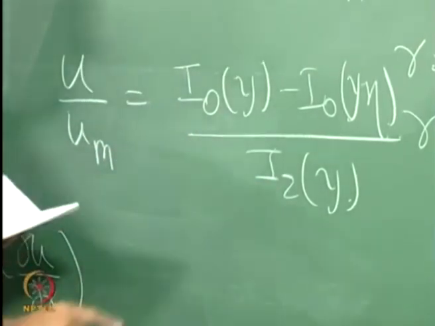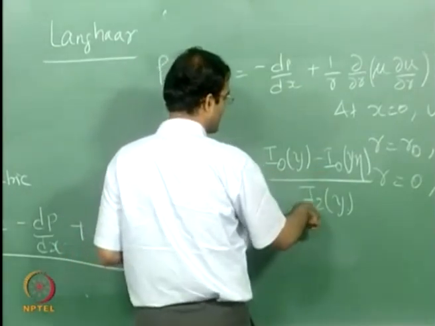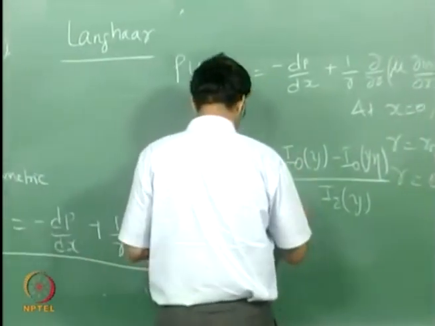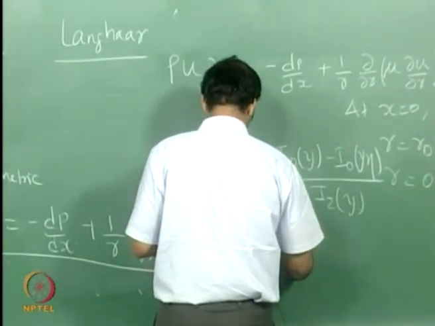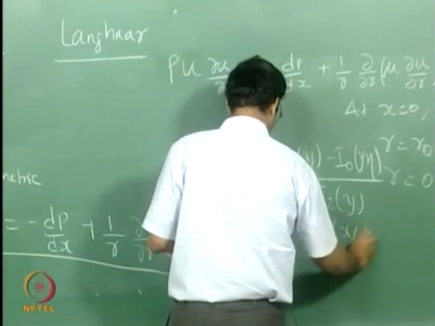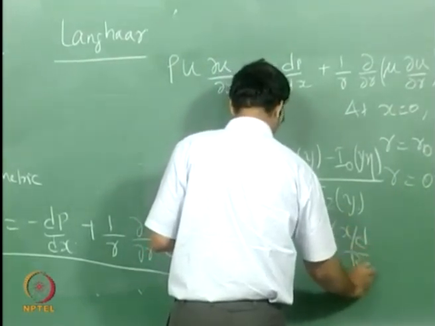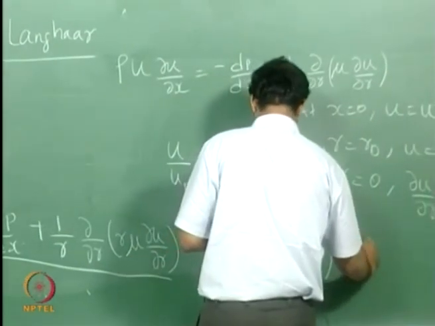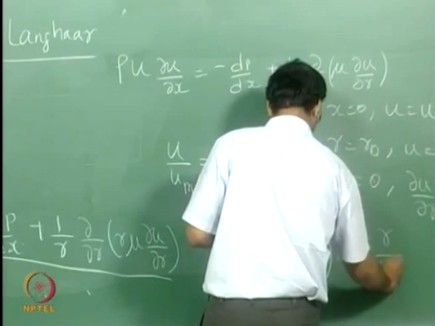Bessel function of the first kind, 0th order, first kind, second order. Okay, so here gamma is basically some psi into, it's a function of x by d by Reynolds number. Okay, and your eta was r by r naught.